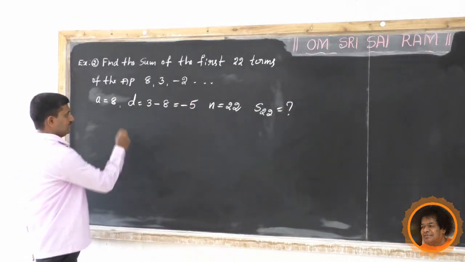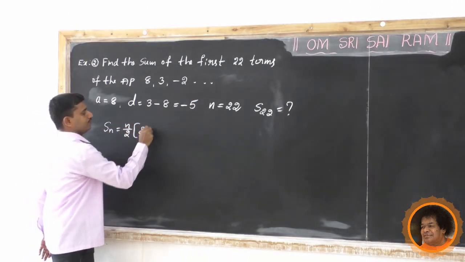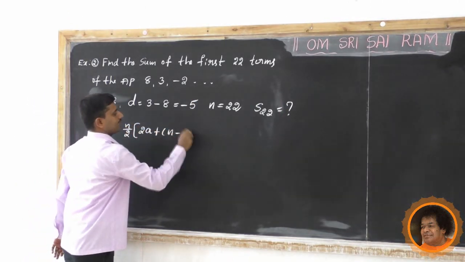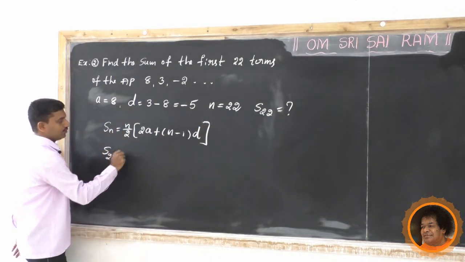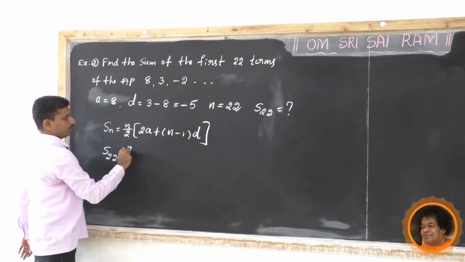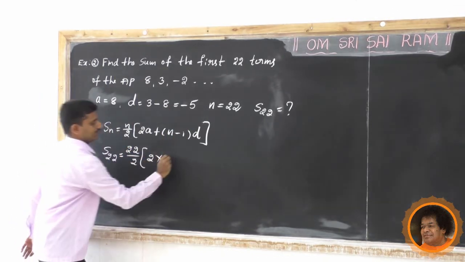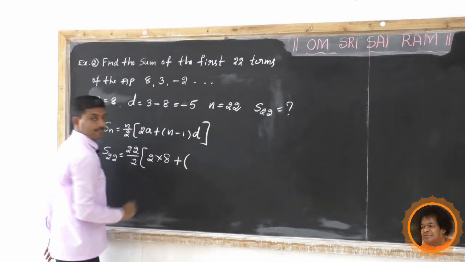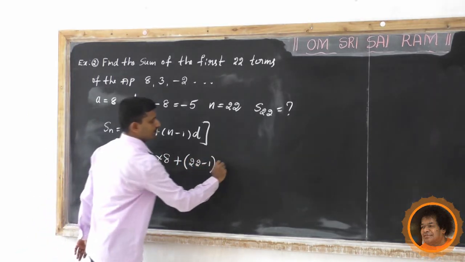What is the formula? Sn is equal to n by 2 into 2a plus n minus 1 into d. So S22 is equal to 22 by 2 into 2 into the first term 8, plus 22 minus 1 into d value minus 5.